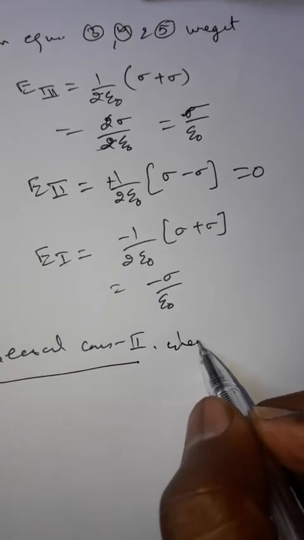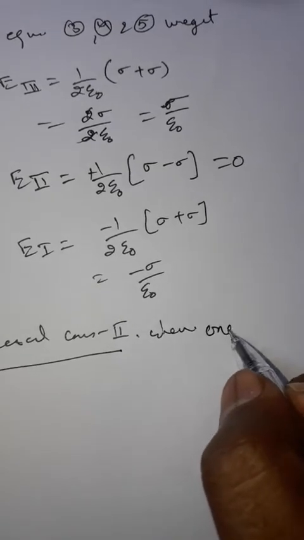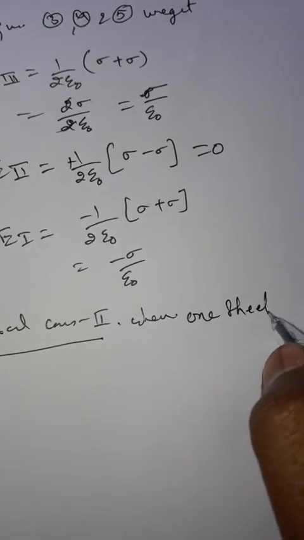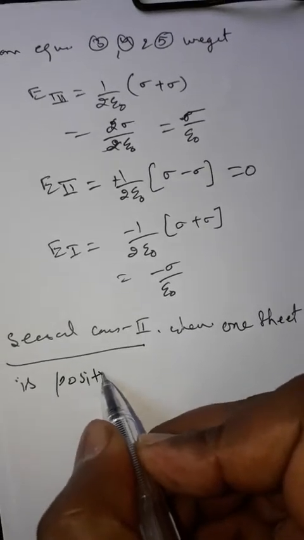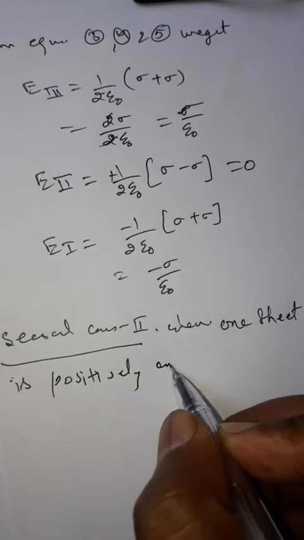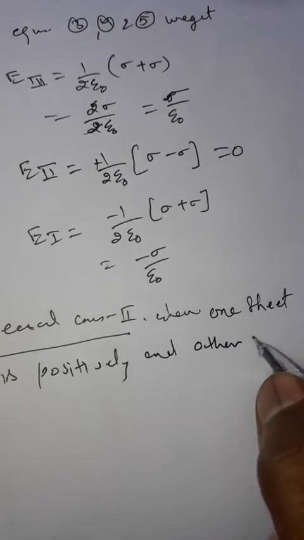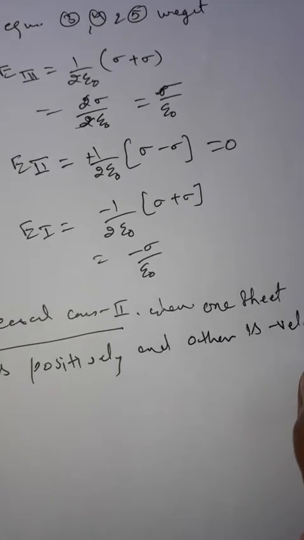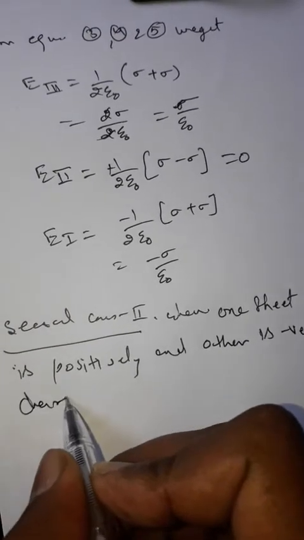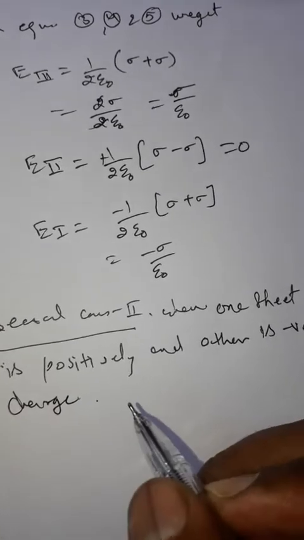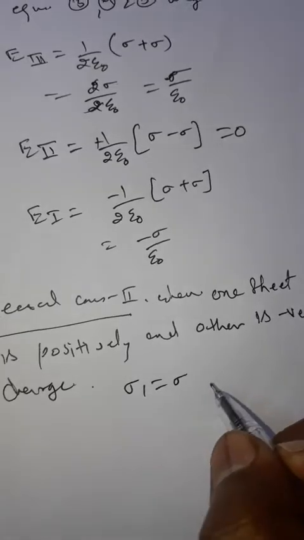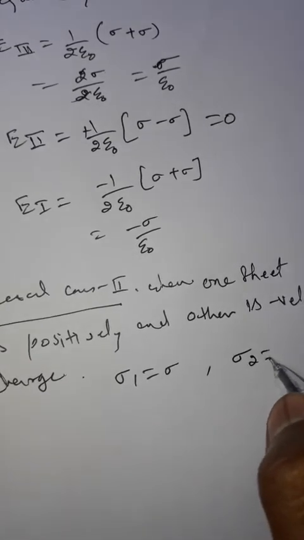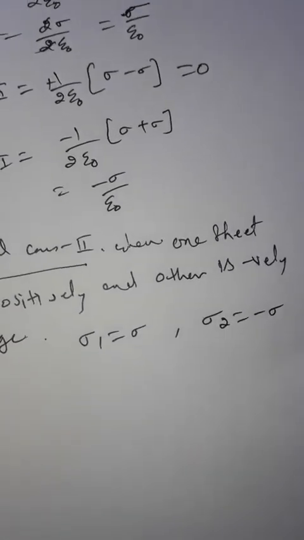Okay, so now the special case second, when one sheet is positively charged and the other is negatively charged, but the charge density is the same, that is sigma 1 is equal to sigma and sigma 2 is equal to minus sigma.